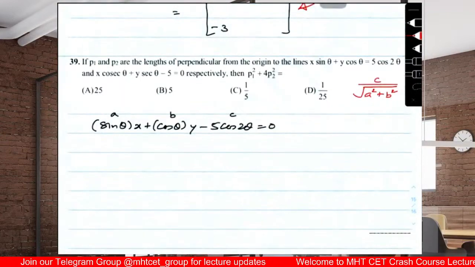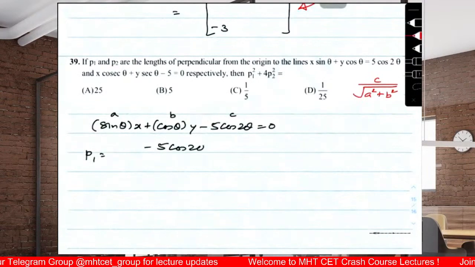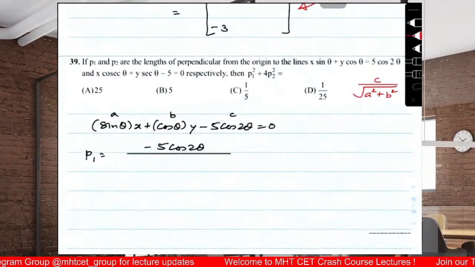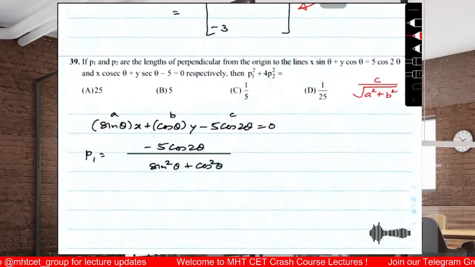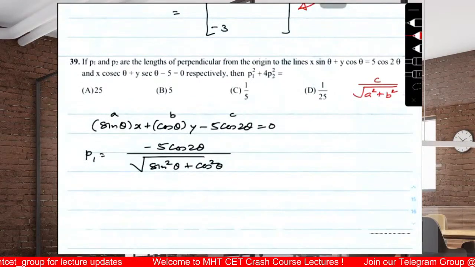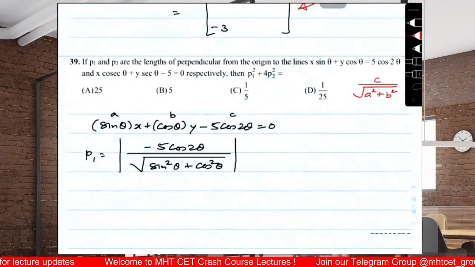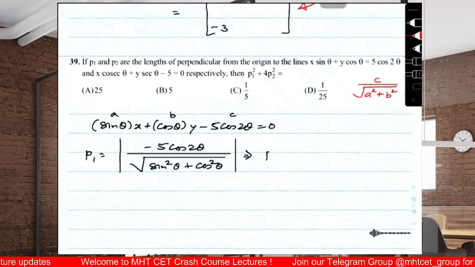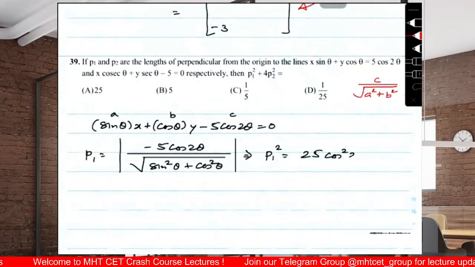So P1 will be minus phi cos 2 theta divided by sin square theta plus cos square theta under root. This is P1. Okay. P1 square will be 25 cos square 2 theta.